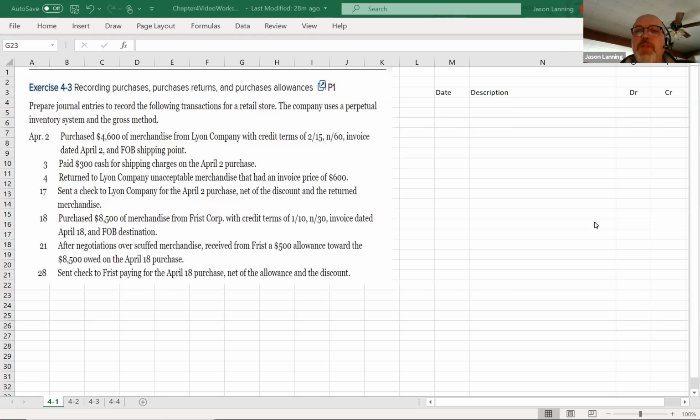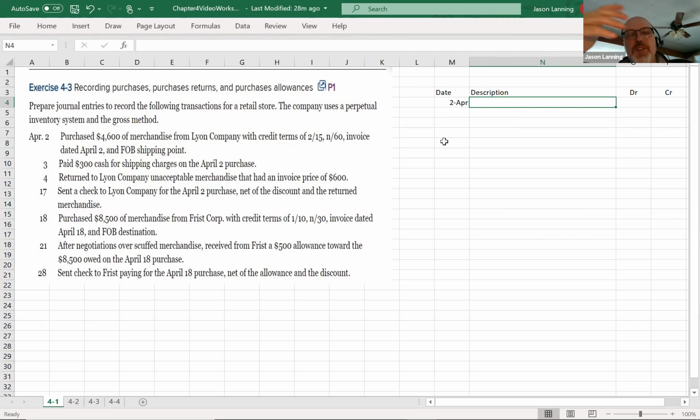So basically what I'll have here, let me move some of this down a little bit. We've got a little area over here to do our transactions, and we'll just go down through and talk about these. So April 2nd, we purchased $4,600 of merchandise from Lion Company with credit terms of 2/15, net 60, invoice dated April 2nd, FOB shipping point. So when I see something like this, the first thing I think of is, well, we purchased $4,600 of merchandise from this other company.